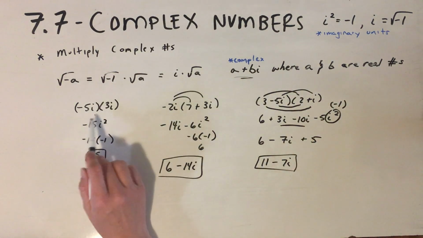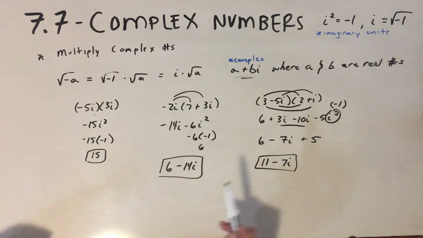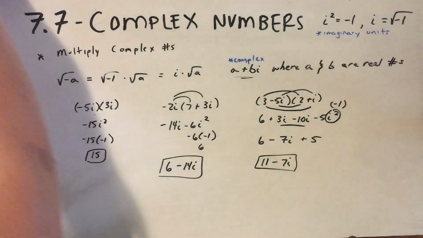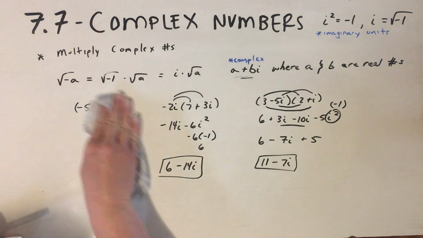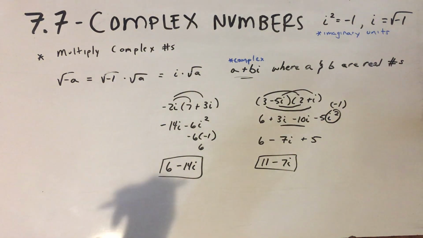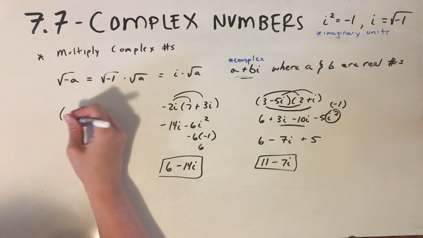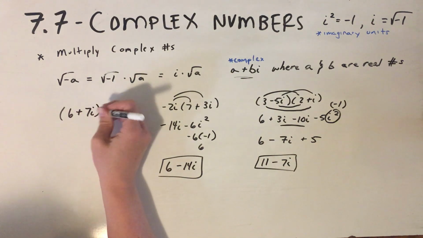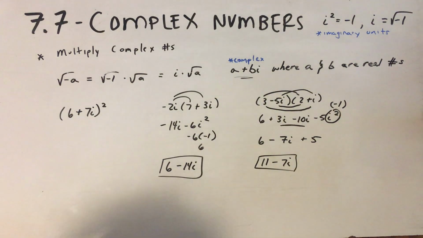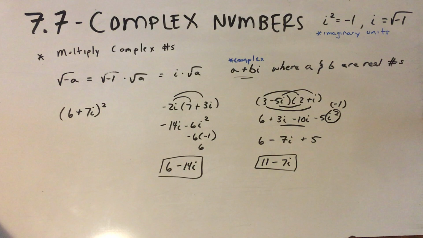So again, we could just have single terms, we could have distribution, we could have foiling. We could also have special products that previously would have given us a perfect square trinomial. So something like 6 plus a 7i, but I want to square this. Well, remember that this means that I have 2 of these.